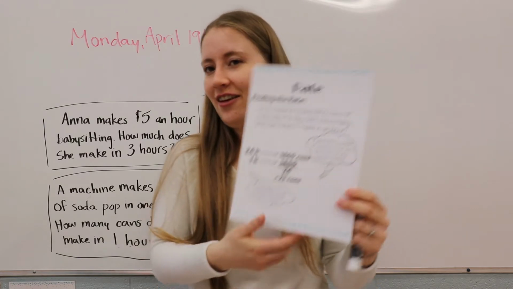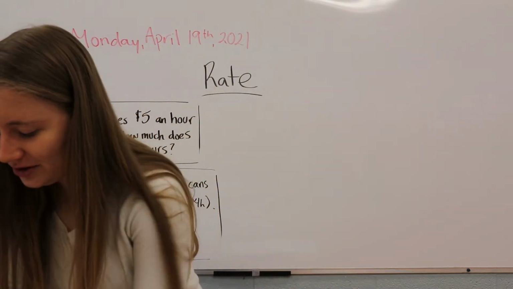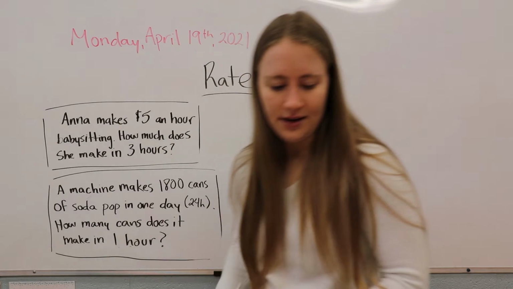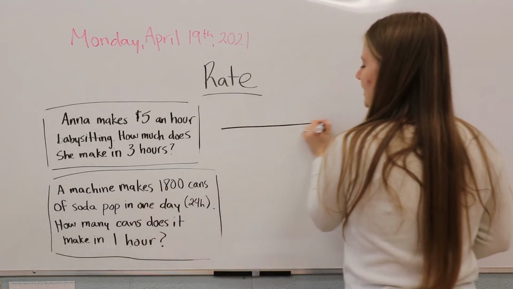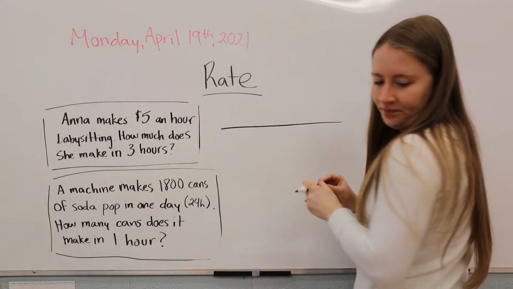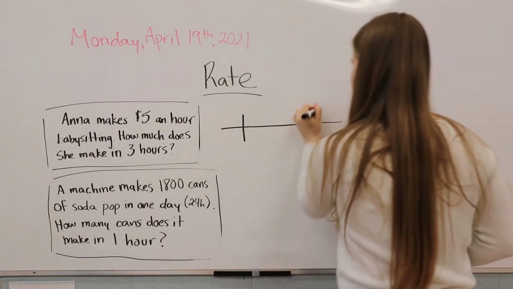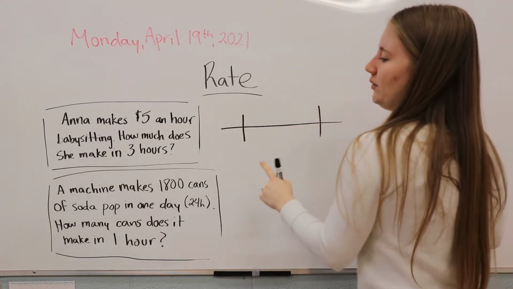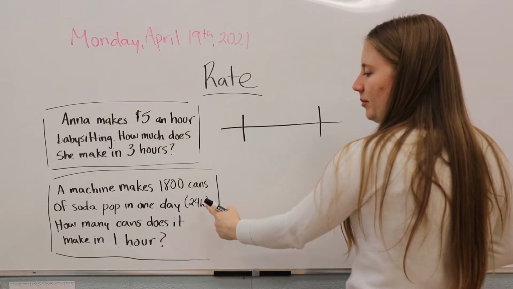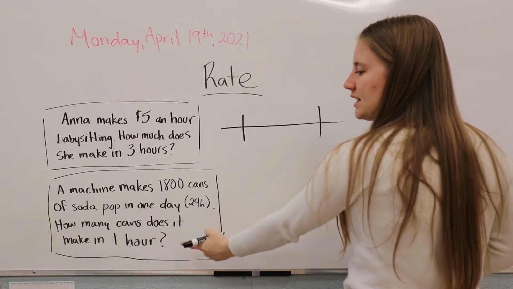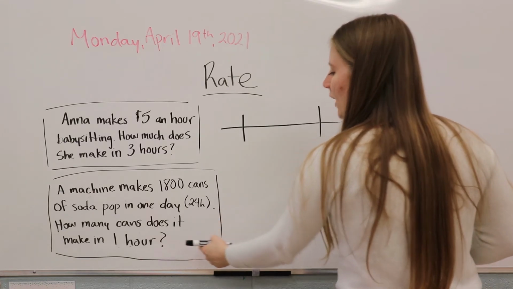So you can see it all laid out there for you, and I'm just gonna write it out here now, okay? So we're gonna start with our line diagram again, okay? And this time, we're told a machine makes 1,800 cans of soda pop in 1 day, which is 24 hours. How many cans does it make in 1 hour?